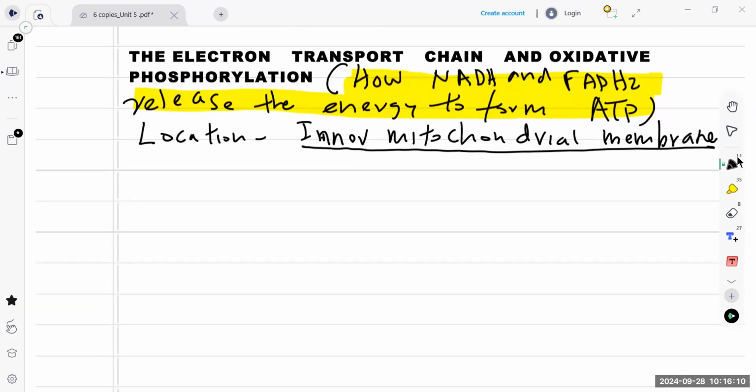Can you quickly copy this down? The aim of the electron transport chain and oxidative phosphorylation is to learn how NADH and FADH release their energy to form ATP.